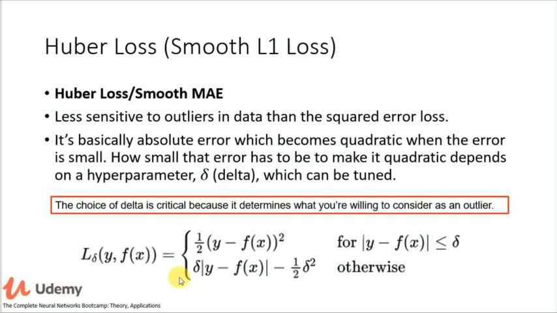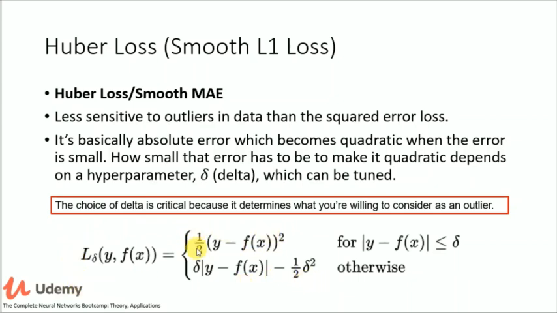If you don't include the half, then when you differentiate this, you'll just get 2 times your error. But basically, it doesn't really matter. I'm just following the formulation here. So this is the formulation for the Huber loss. The half doesn't really affect it, but it's of course better to follow the original formulation.